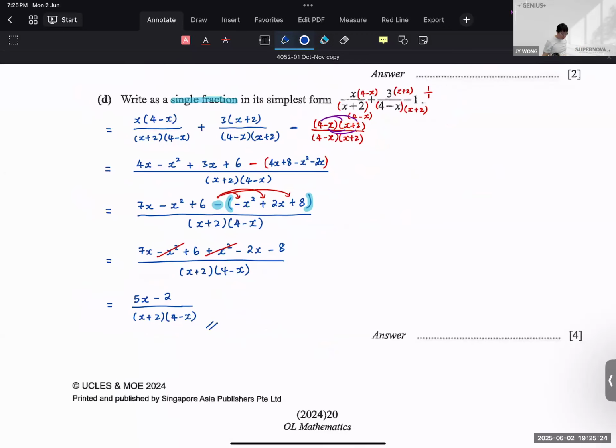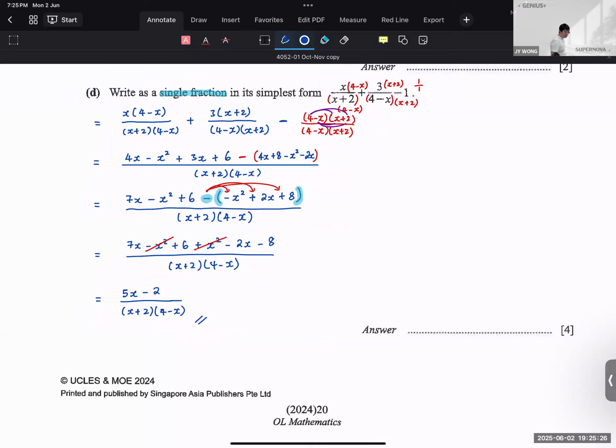So for 4 marks, actually the question is not very difficult, right? Okay.